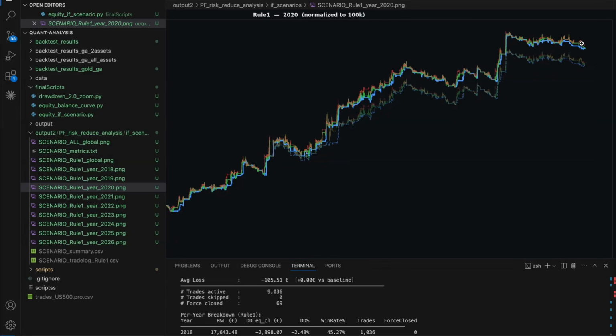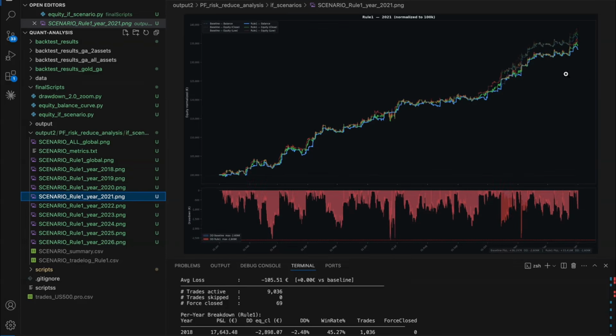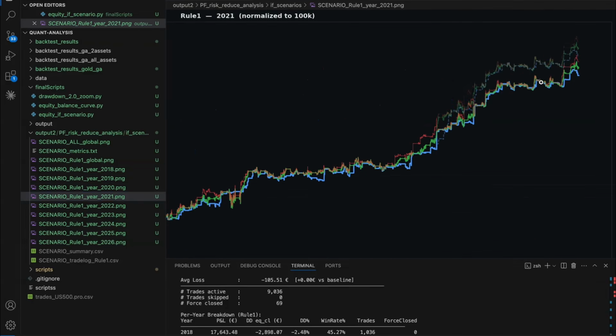This one here is the new strategy, the portfolio plus the rule target at 2,500. This was the baseline, so you can see a big gap. In 2021 the baseline did a better performance than mine.